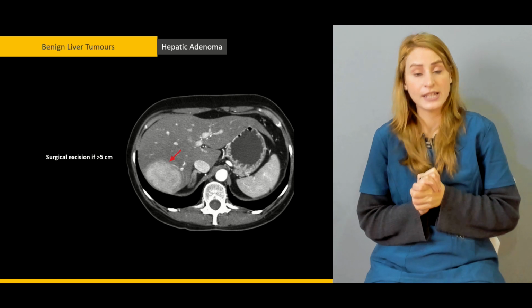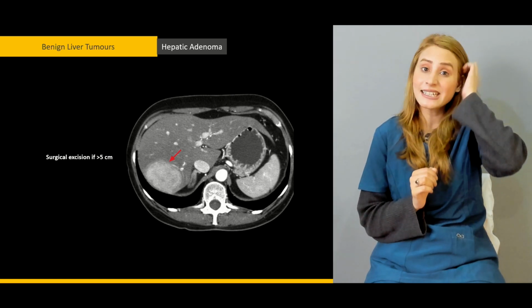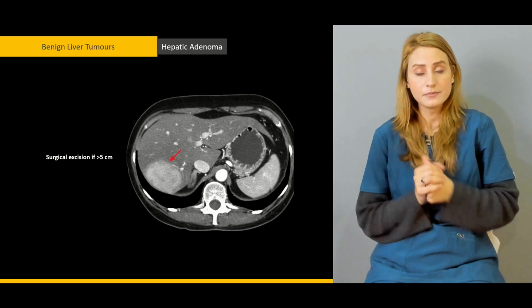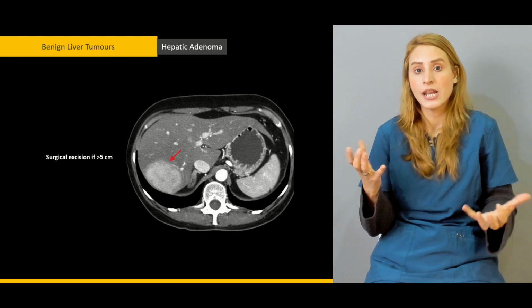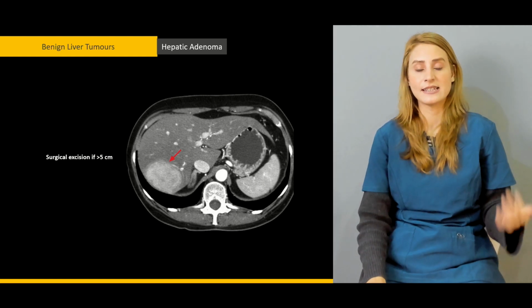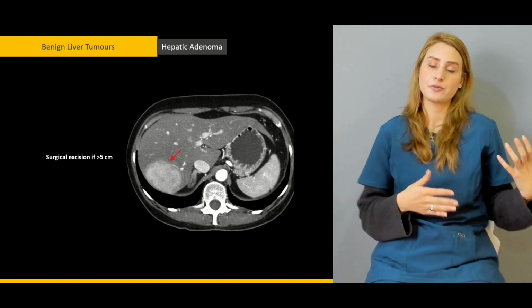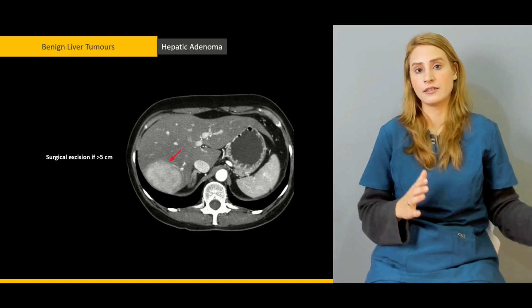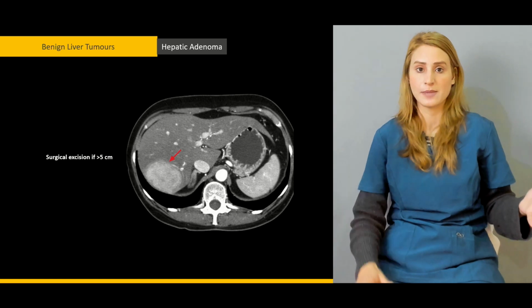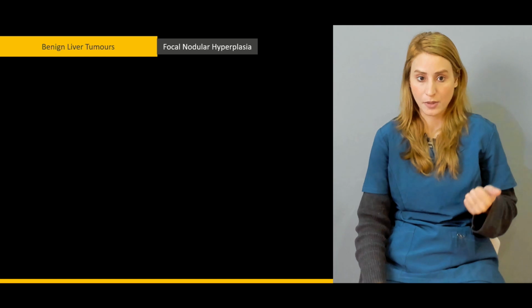But if the tumor is greater than 5 centimeter, there is a likelihood of development into a full-blown malignant cancer. So it becomes important to resect these hepatic adenomas, especially in women ranging between 25 and 40 years and on the use of oral contraceptive pills. They should be screened routinely for these hepatic adenomas.